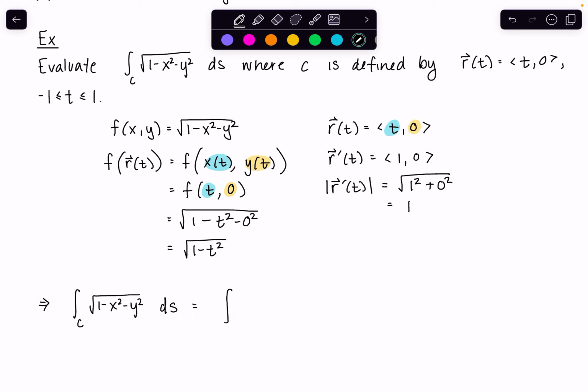So we're integrating with respect to t. So my t bounds are -1 to 1. This first piece, 1 minus x squared minus y squared, turns into 1 minus t squared.